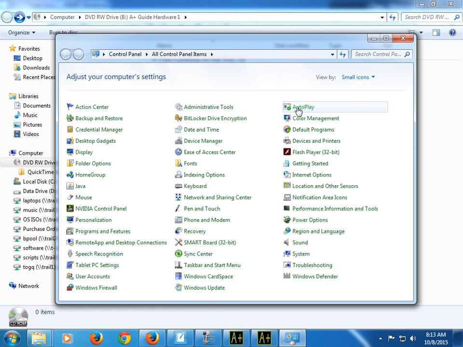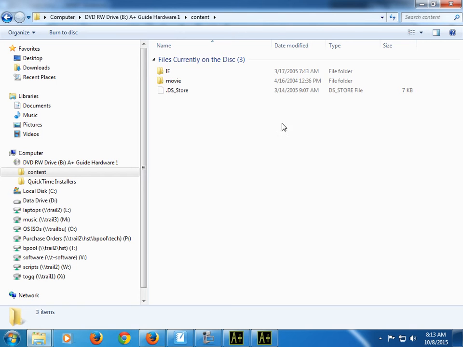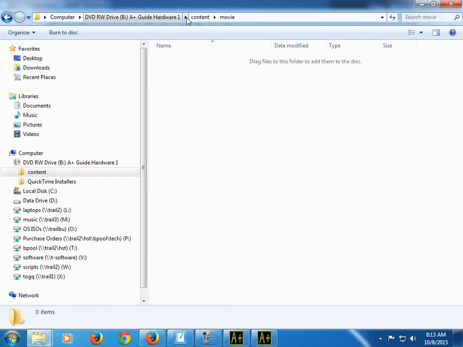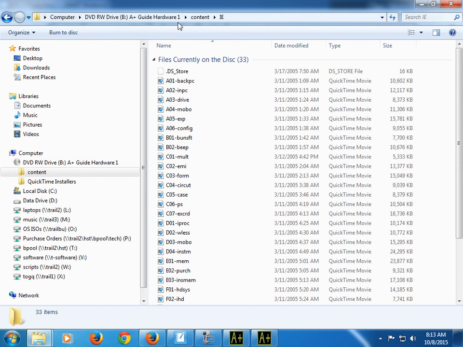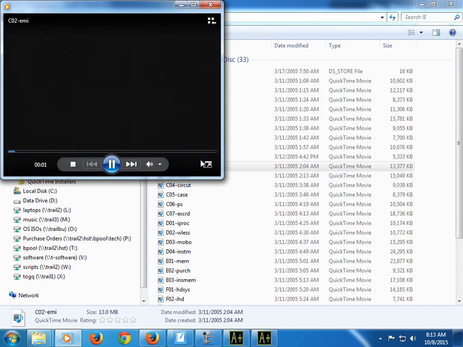Show hidden files. Look at that. Content. EMI, CO2. There we go. All right, I need to copy these off of there onto my folder again.